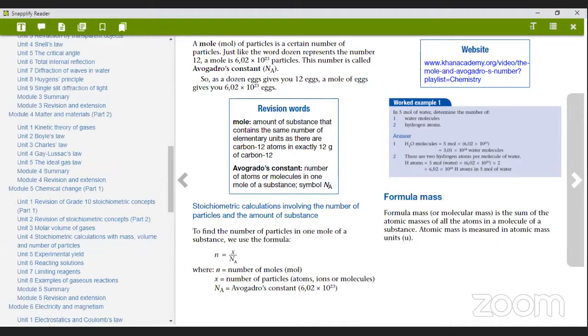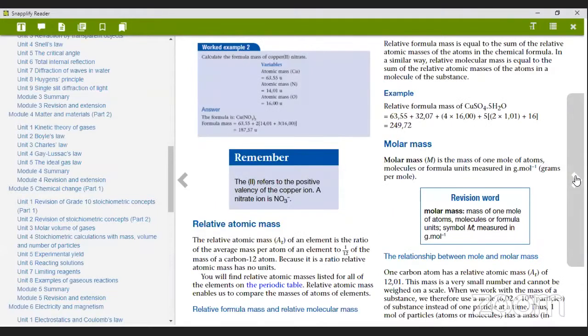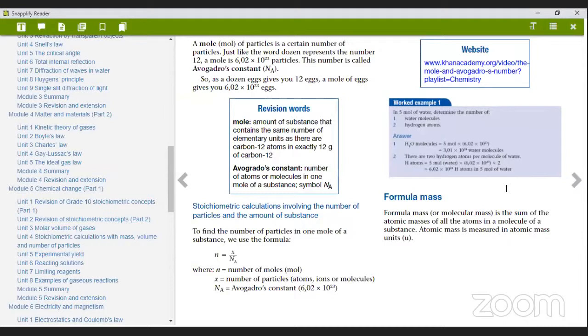But remember, we go into details with this much more when we actually talk about the number of moles, molar masses, and mass of a substance. And then we go to the molecular mass. I hope you guys now understand the difference between molecular mass and molar mass. So the molecular mass is the sum of atomic masses of all atoms in a molecule of a substance.